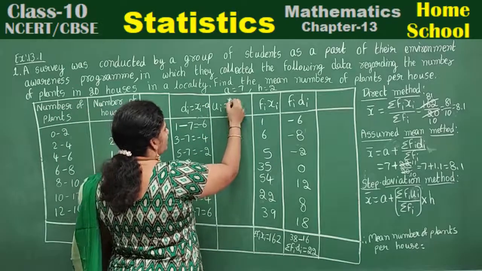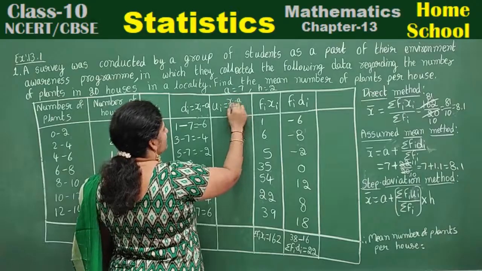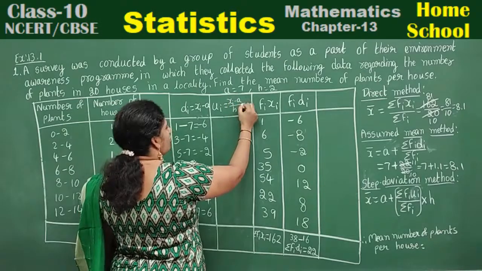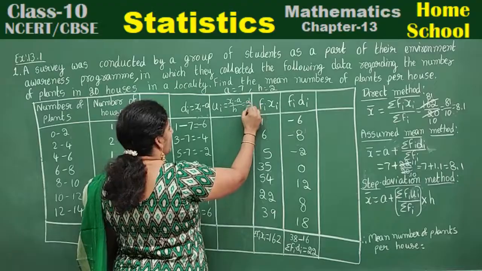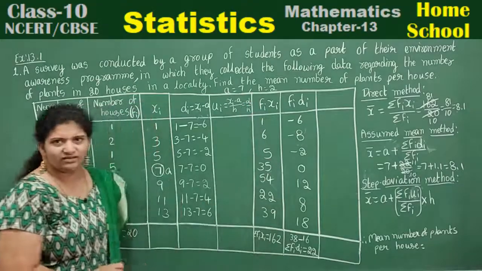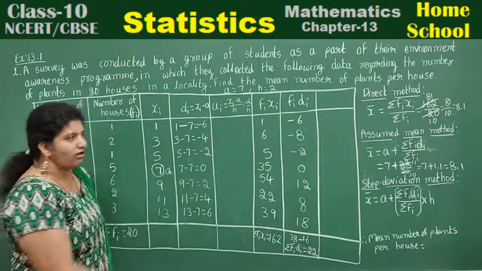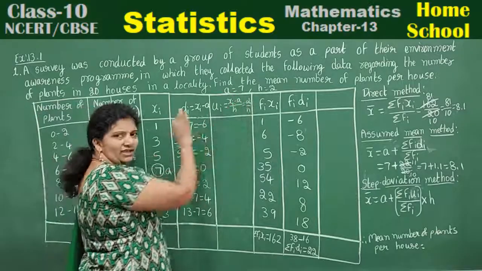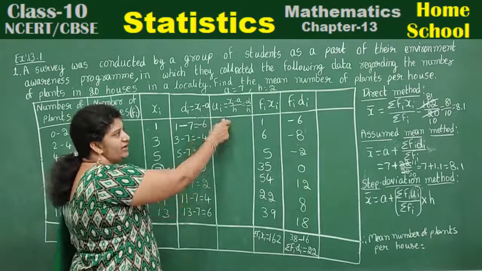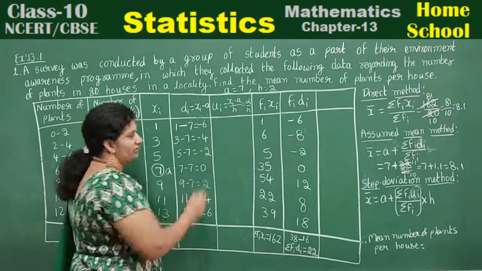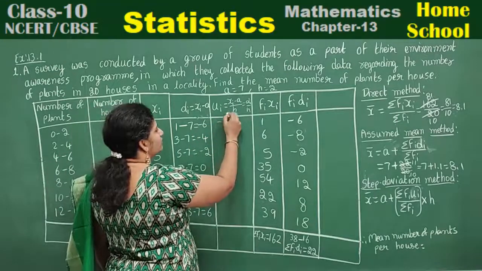What's your next column? Ui is equal to Xi minus A by H, or you may write it as Di by H also. Directly we can divide the number by 2. Already we found Di. This value you divide by 2, you are going to get Ui. Let's do that.